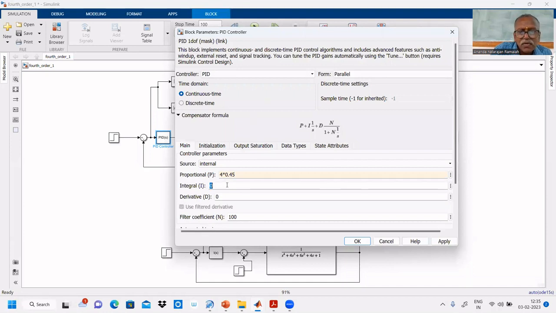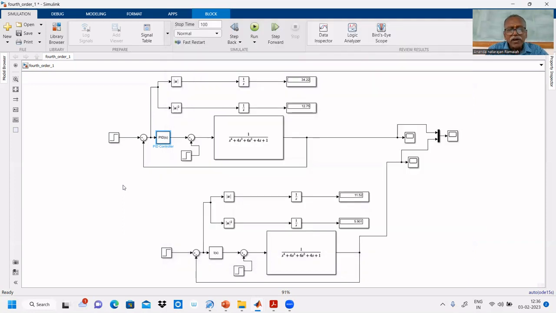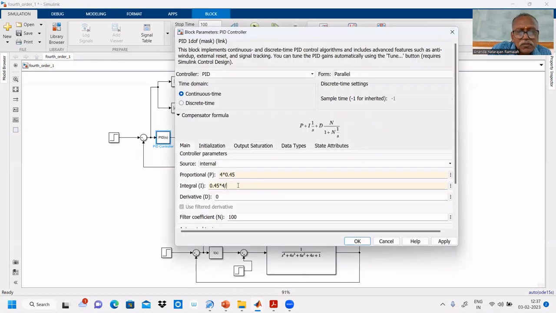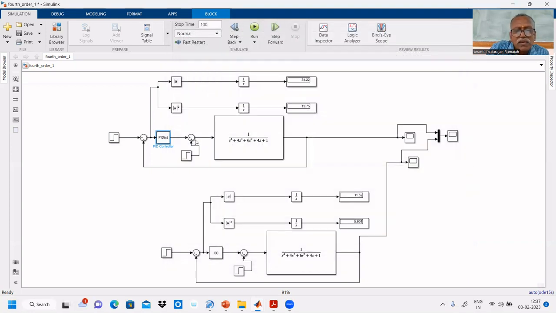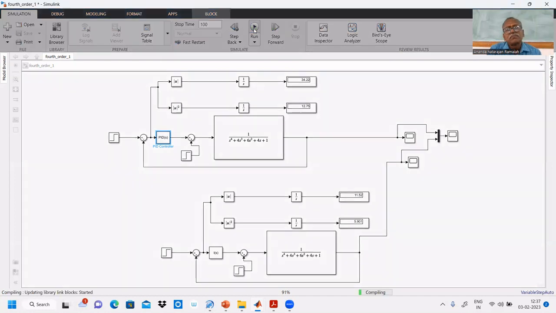Ti is 0.45 multiplied by 4, that is Kc, divided by 5. So we have to enter 5. So the PI controller, here we entered. Here only I mode. Now let us see the simulation.